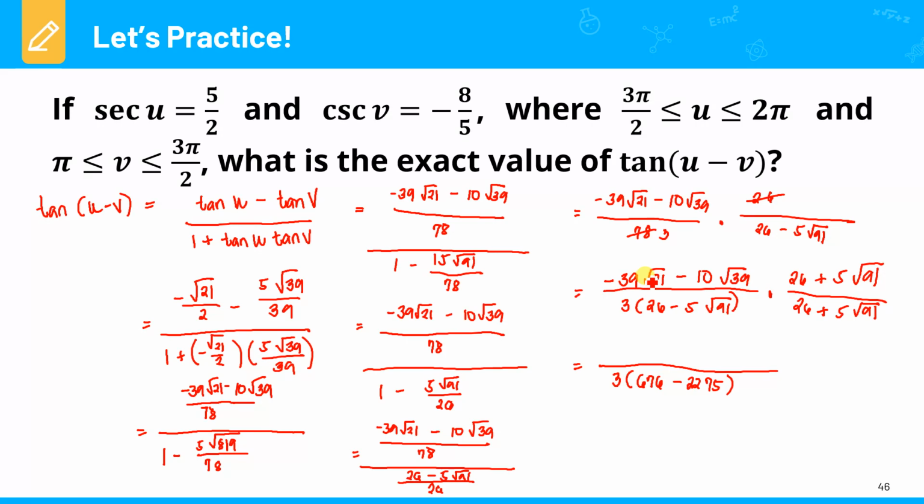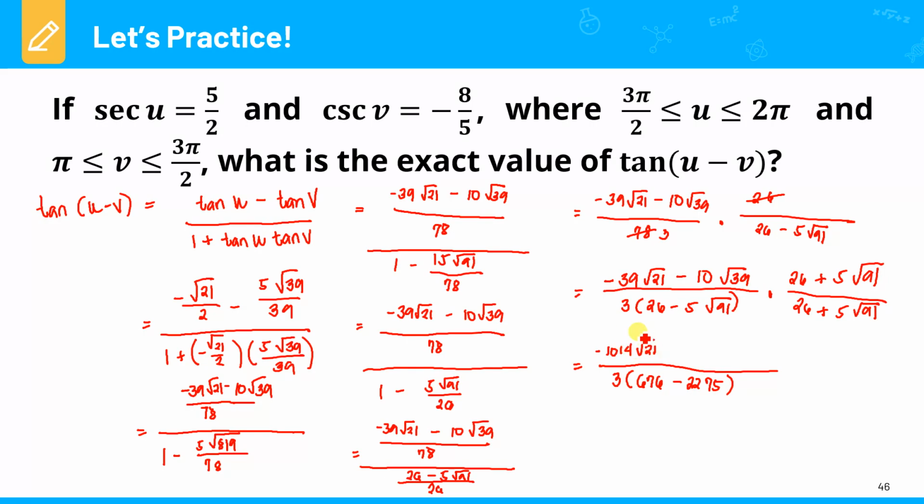Okay, now for the numerator, how are we going to have the numerator? Negative 39 square root of 21 times 26 is equal to negative 1014 square root of 21.